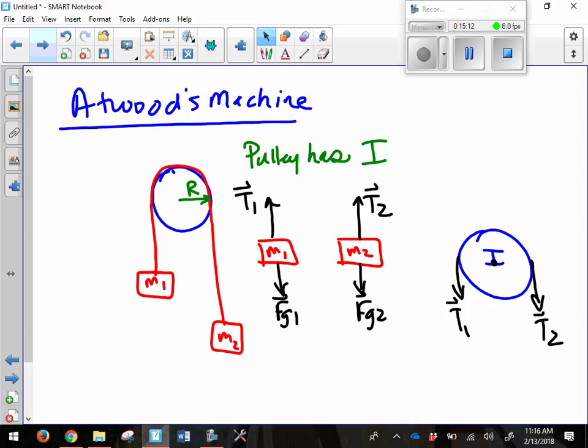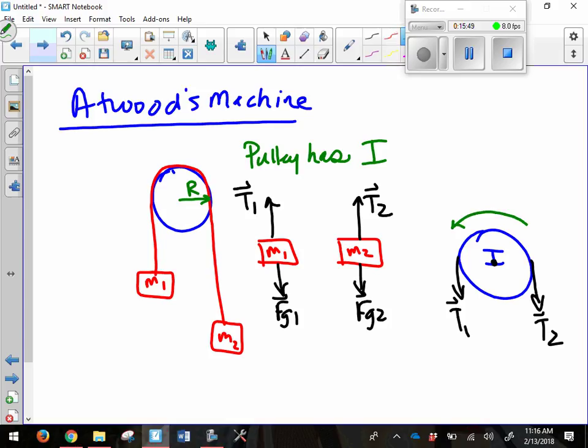Okay. Now, what's missing from my free body diagrams here? Nope. Direction. Now, you remember, I hope, that you have to have the same direction of motion to be positive for M1 and M2, okay? But remember, now I've got something that rotates. And so which direction has to be positive for the pulley? Counterclockwise.